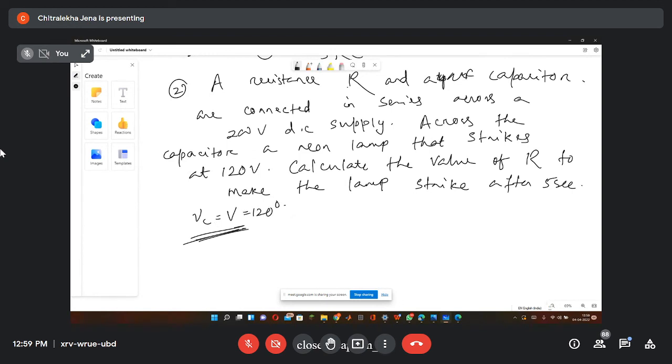At that time, it will strike. That means what is my equation? My equation is VC is equal to V into 1 minus e to the power minus t by RC. This is my equation. Yes or no?